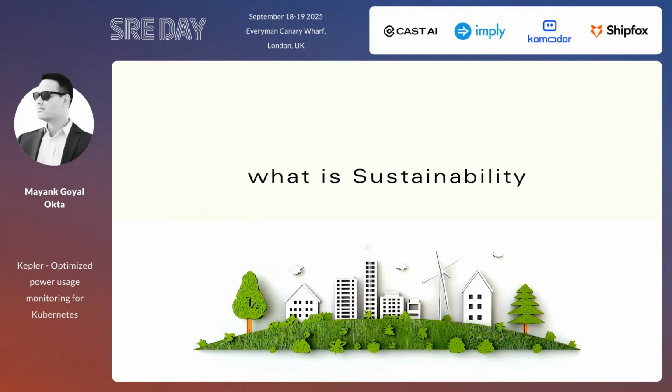I have a number written over here: in 2024, it amounted to around 1.5% of the global electricity, and in 2025 itself, it is cited that it is going to use 2% of the global consumption. So we are talking about this scale: 2% of the global electricity is being consumed by data centers themselves. You can think of how huge it is.